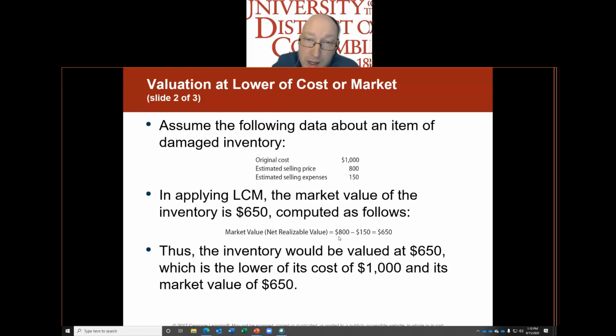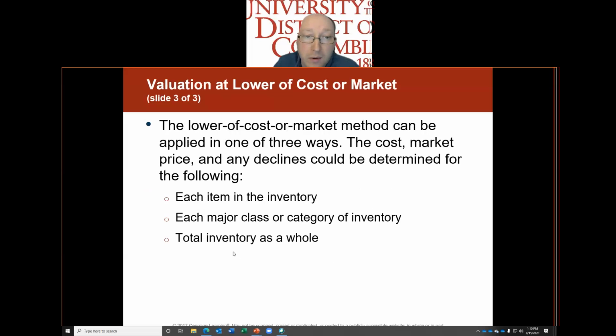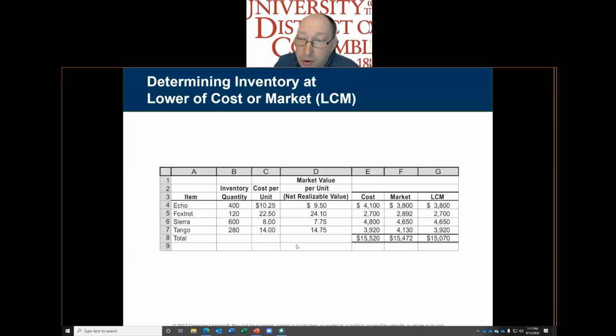We took the estimated selling price and subtracted out the selling expenses to get 650. So that would be its realizable value. The lower of cost or market method can be applied in one of three ways. The cost of the market and any declines will be determined for each item in inventory, each major class or category, and total inventory as a whole.